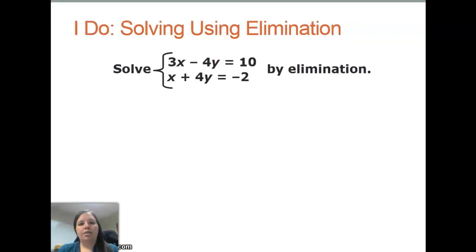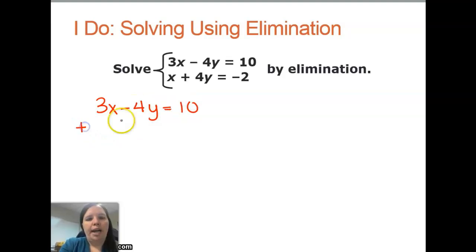To solve using elimination, I'm going to take my first equation and add on to the left side and to the right side what I have in this second equation, that x plus 4y is equal to -2.